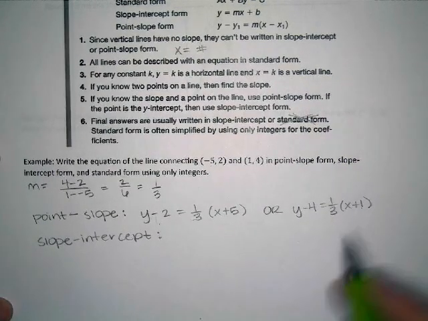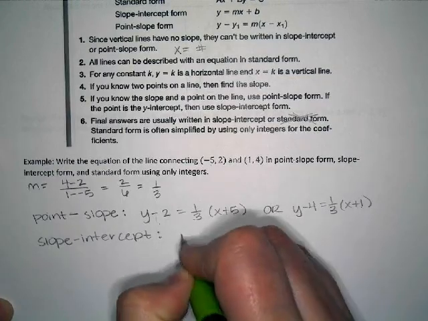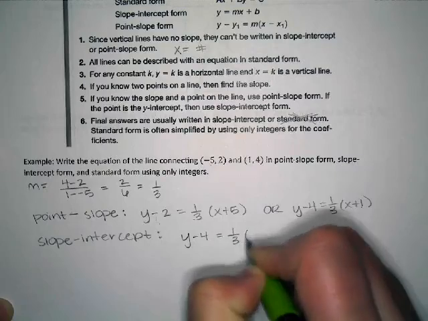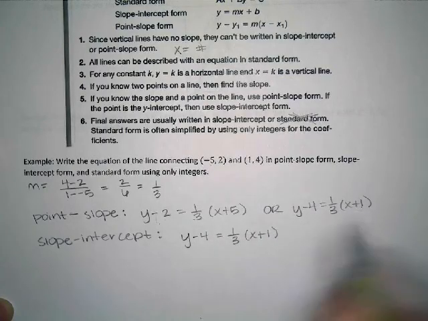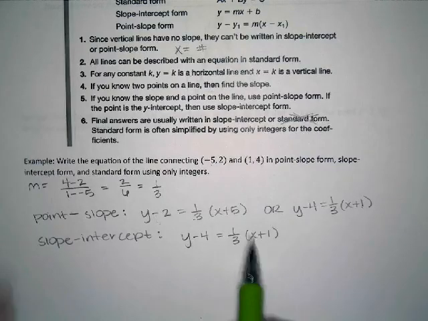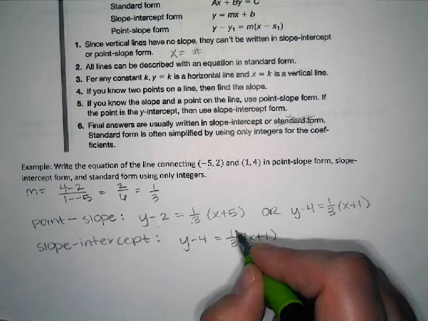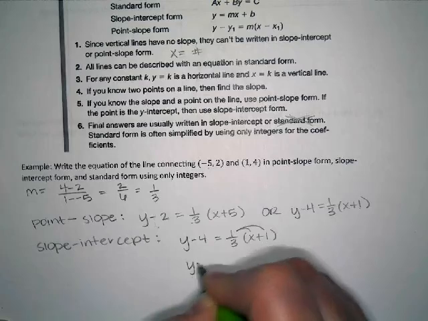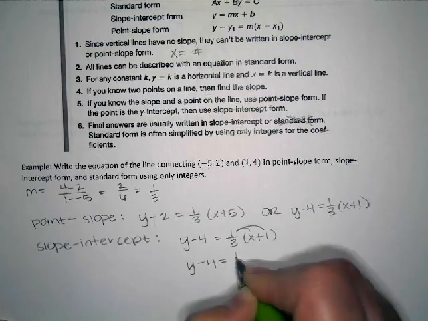So y minus 4 equals 1/3 times x plus 1. I can't add the 4 over first because I can't add it to something when there are parentheses there. So the first thing I have to do is get rid of the parentheses by distributing the 1/3. So y minus 4 equals 1/3 x plus 1/3.